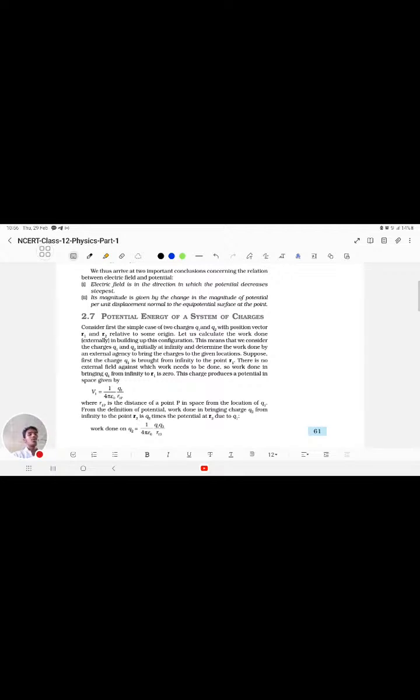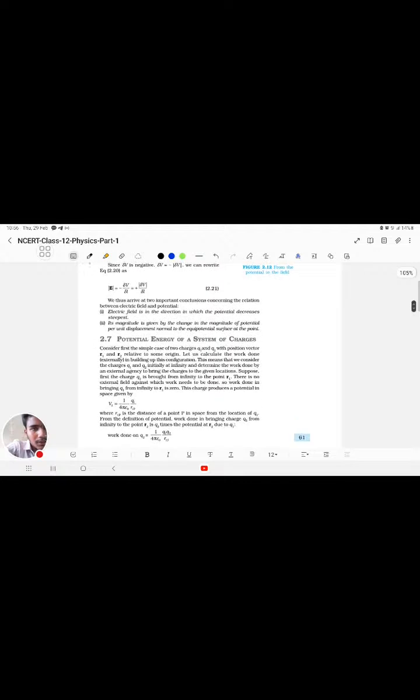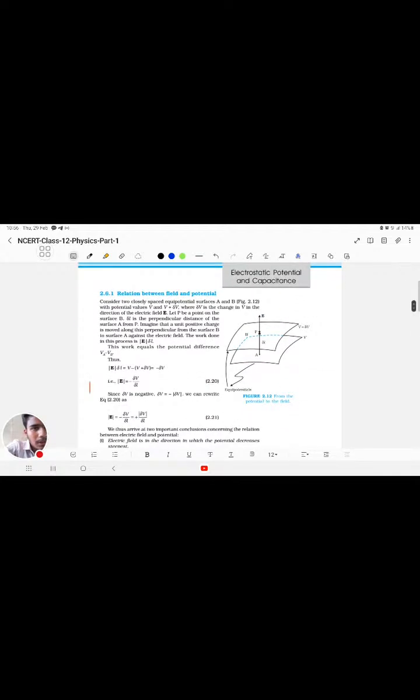Potential at R2 due to Q1. Something I'm unable to understand at this particular position. Let me just see this. So work done is actually equal to mod E dot dl.